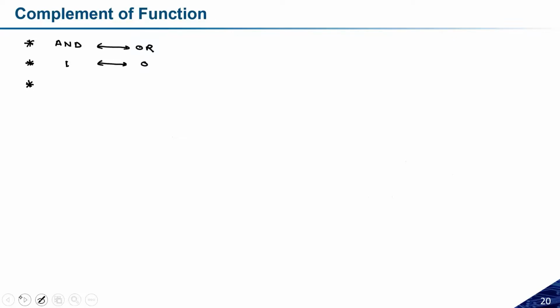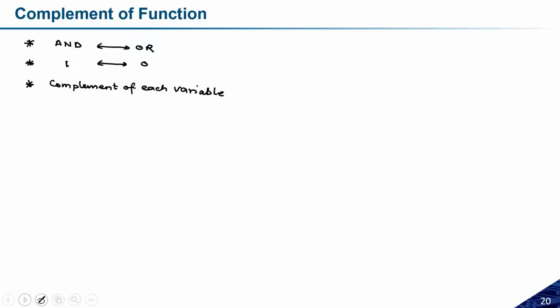I was not changing anything. But if I have to find the complement, I need to find the complement of each variable. Okay, complement of each variable is required.